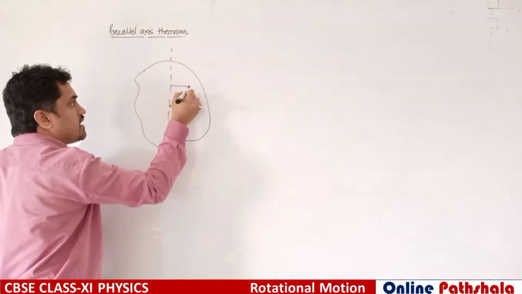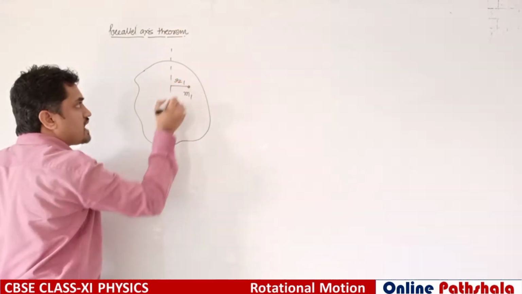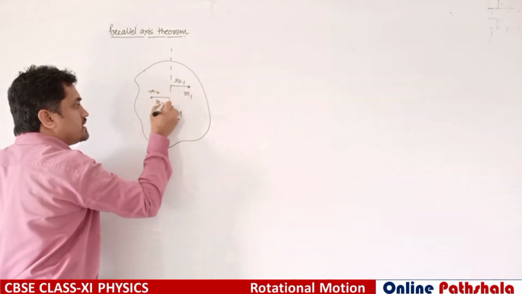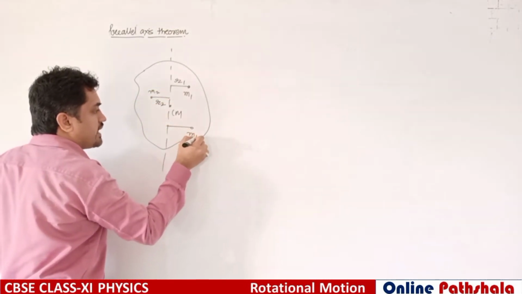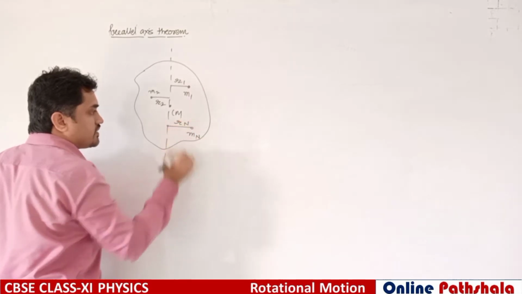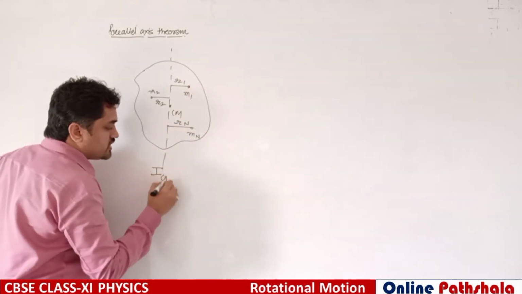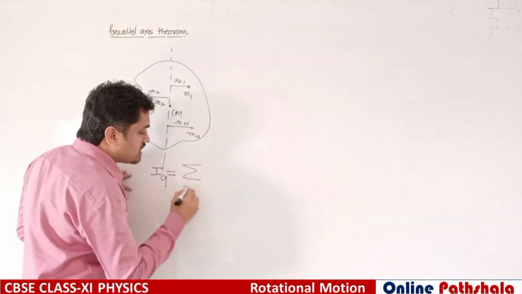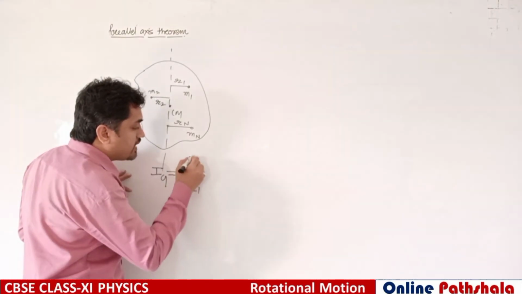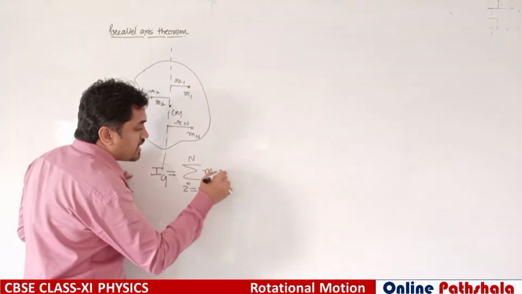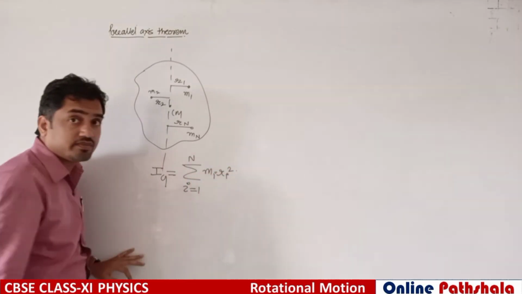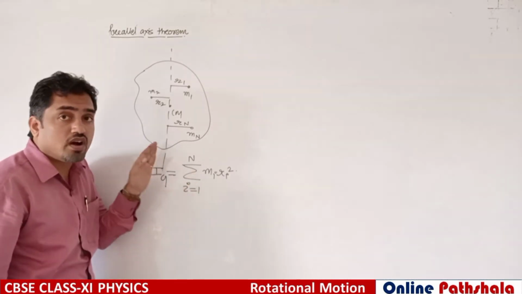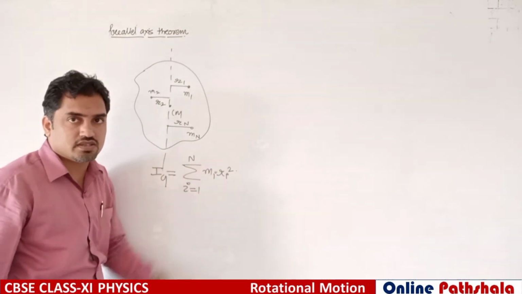Now we are considering a mass m1 having distance r1, mass m2 having distance r2, and similarly mass mn having distance rn. What is Ig? Ig is equal to the summation, i equal to 1 to n, of mi ri square. Is this clear? It is a summation of the moments of inertia of all particles.